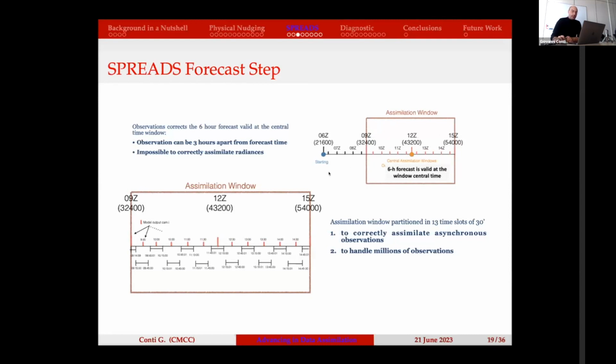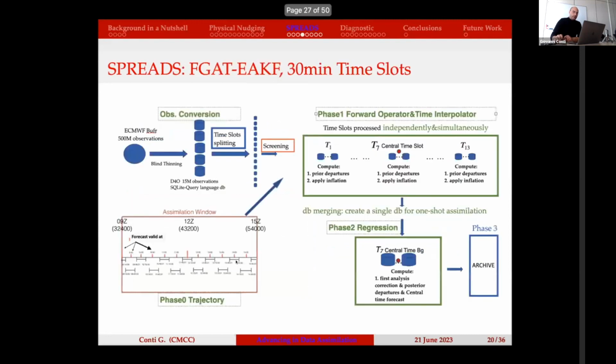In this way, we are able to divide our assimilation window into 13 time slots. Now, starting from a huge database of observations in BUFR from ECMWF that includes 500 million observations, we go for blind thinning in order to reduce the number of observations that we need to handle.